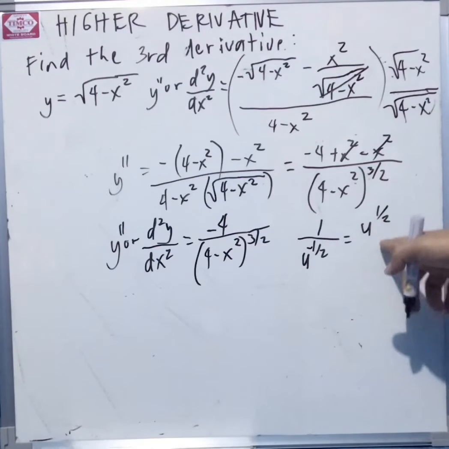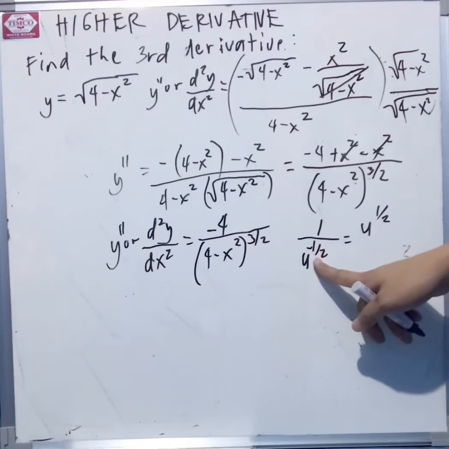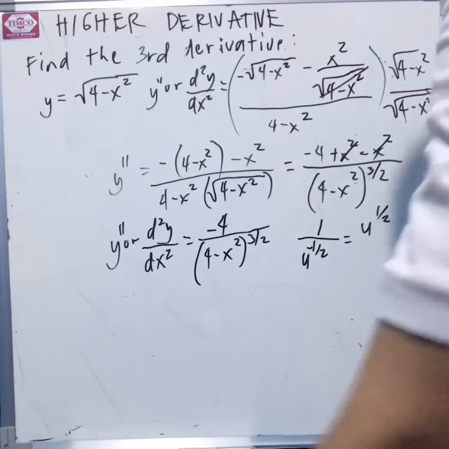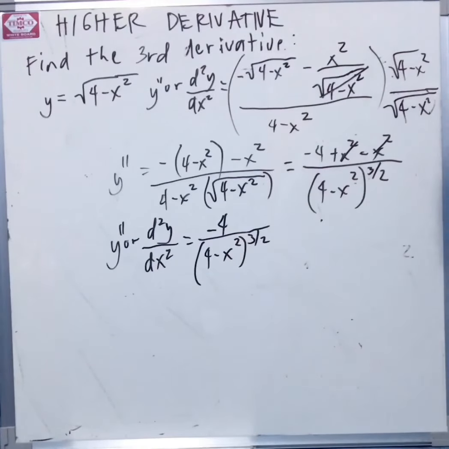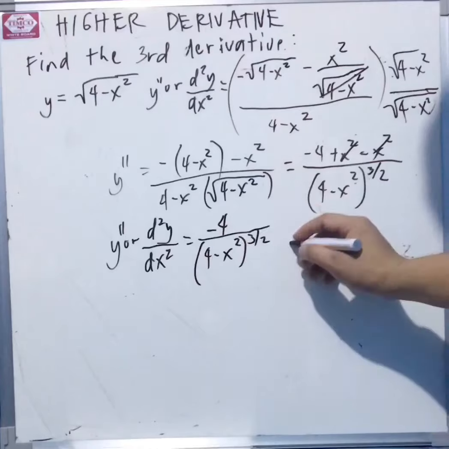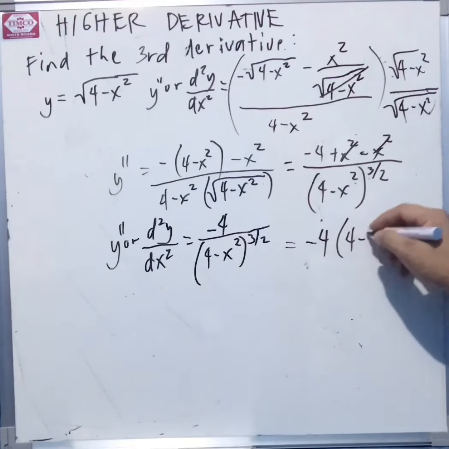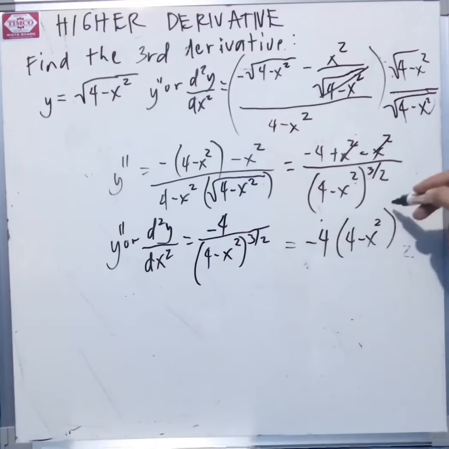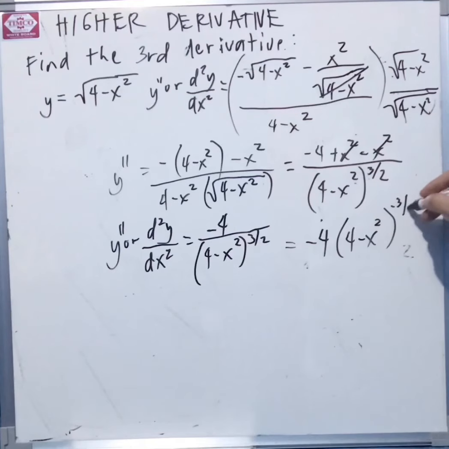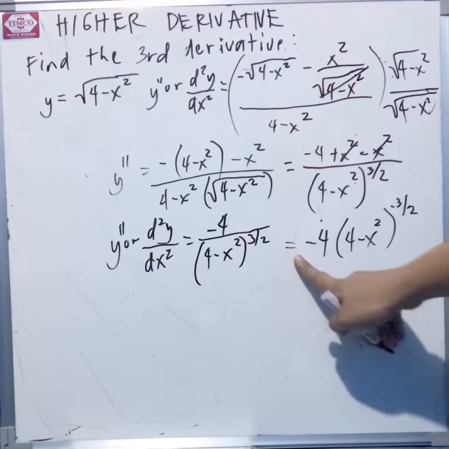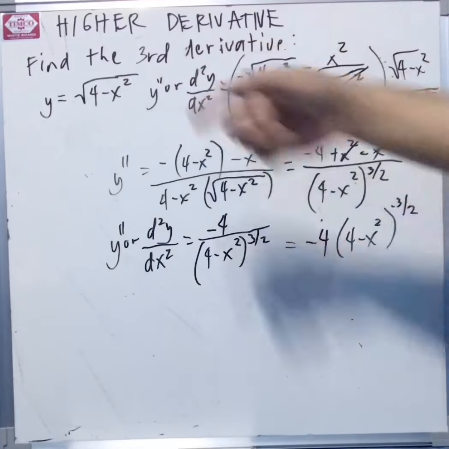Diba? So, pag nilagay natin siya sa numerator, magbabago yung kanyang sign. Okay? Nung exponent. So, that is equal also, okay, to negative 4 times 4 minus x squared, okay, raised to positive yan, lipat lang sa taas, so negative 3 over 2. So, ito yung ating second derivative.